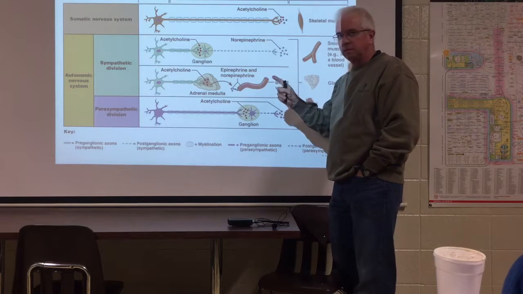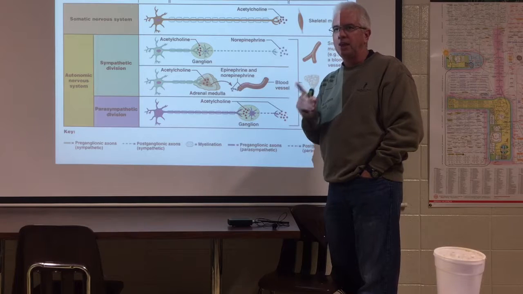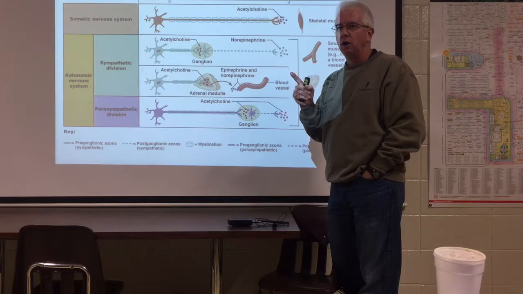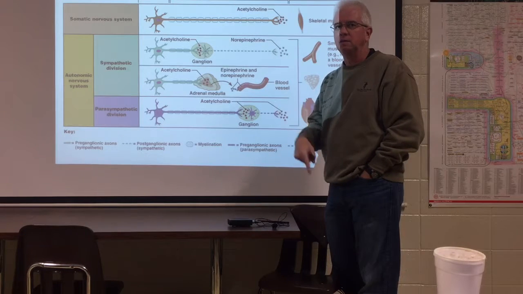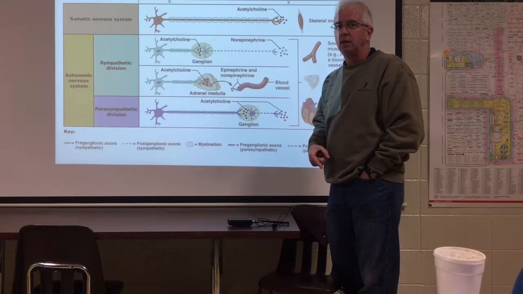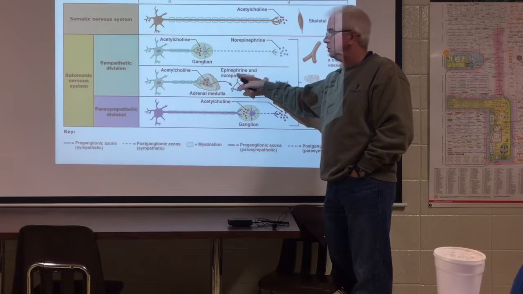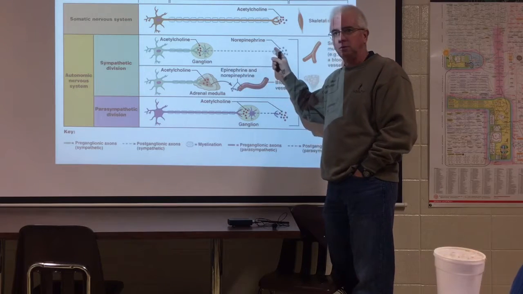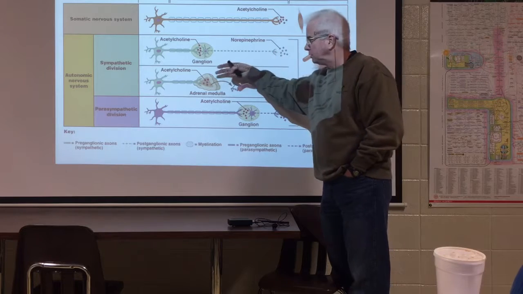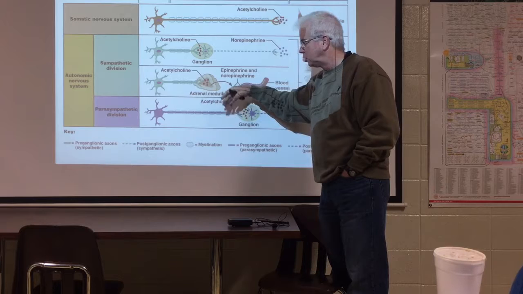Which means that the cells of the adrenal medulla think they are postganglionic sympathetic chain ganglia neurons. In fact, they make norepinephrine just like these neurons do. So these are related. The adrenal medulla cells, they are known as the chromaffin cells.